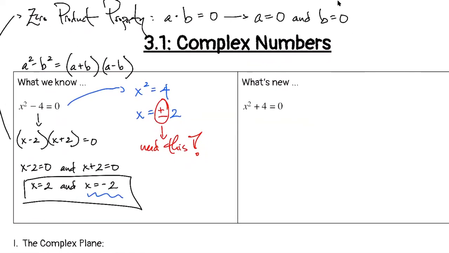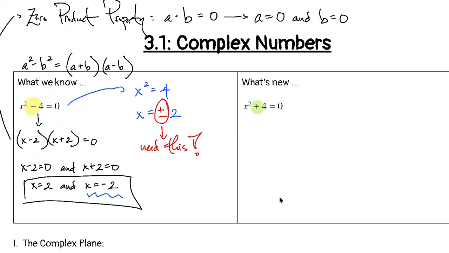Now we have an equation that looks super similar. It's got the x squared, it's got the 4, it's got the 0. But hey, this one had a minus. This one has a plus, okay?